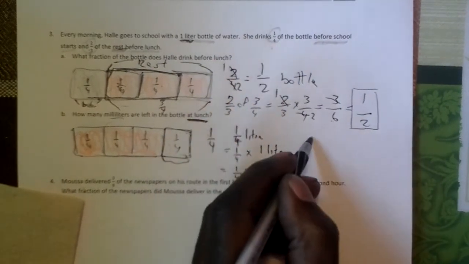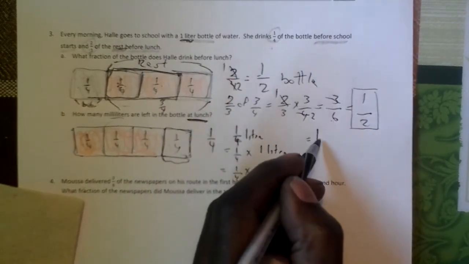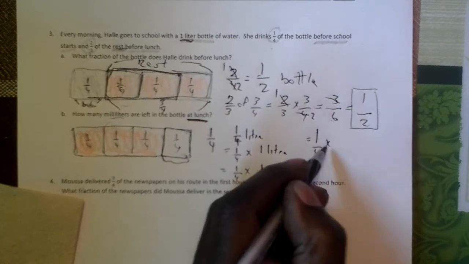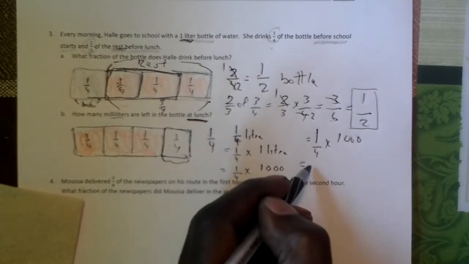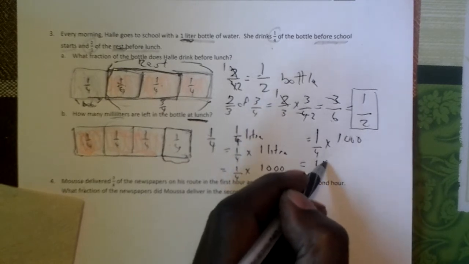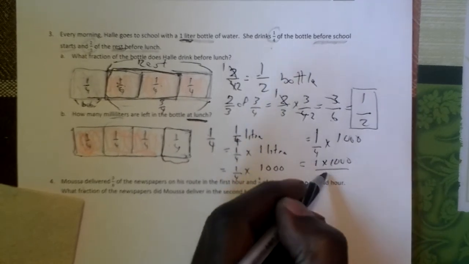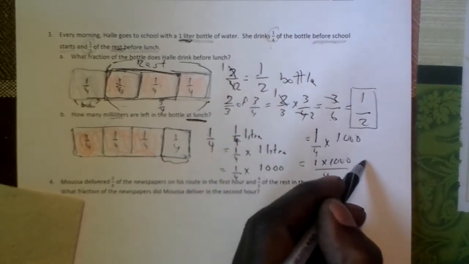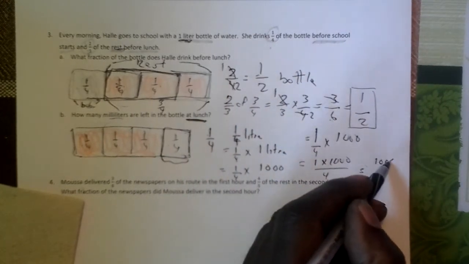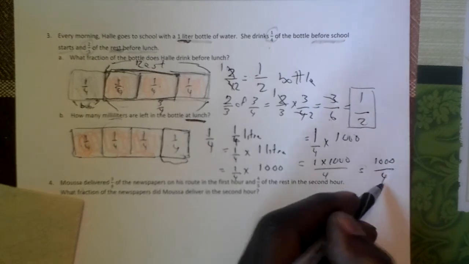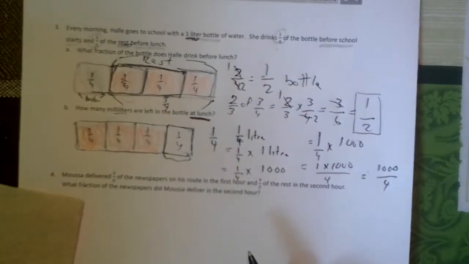Let's continue on over here. Equals 1/4 times 1,000 equals 1 times 1,000 over 4. I'm running out of space. Equals 1,000 divided by 4. So let me move up here, if you can see.